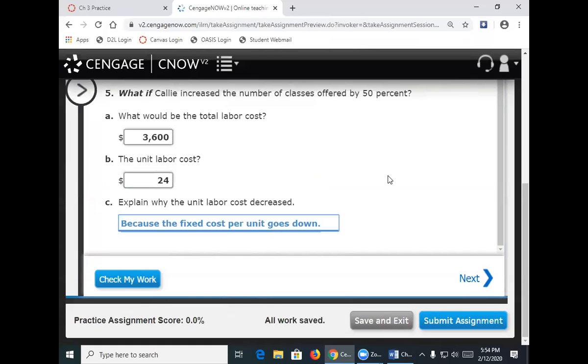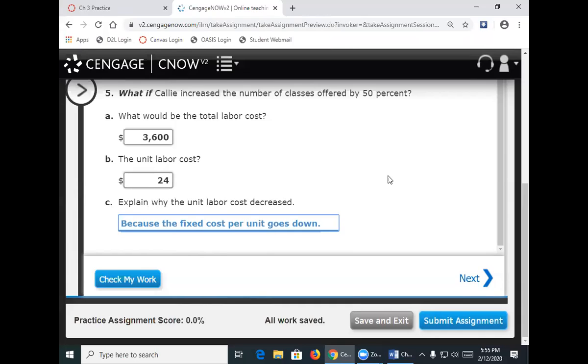So with fixed costs, the total fixed cost for the month stays the same. But fixed cost per unit changes based on levels of productivity, okay? So total fixed costs month to month stay the same, but fixed cost per unit will change based on production, which is the opposite of variable, right? We saw our total variable costs changed based on production.